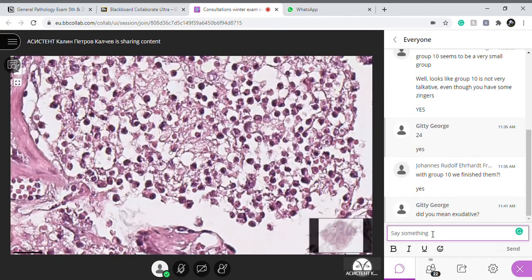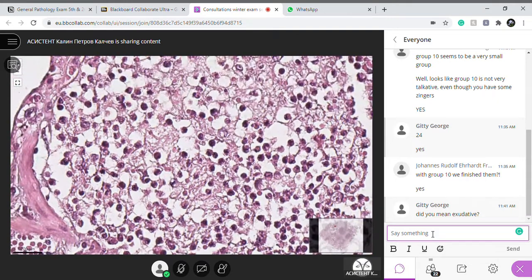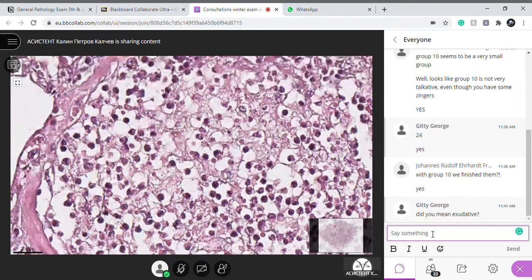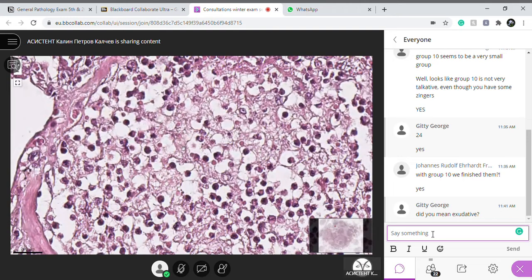But they are not so abundant as they are in the purulent inflammation, and also we have some other cells between them. We have some red blood cells here, and maybe the most important thing in this slide is that we have a more abundant exudative part of inflammation, and that exudate here is mostly fibrin.